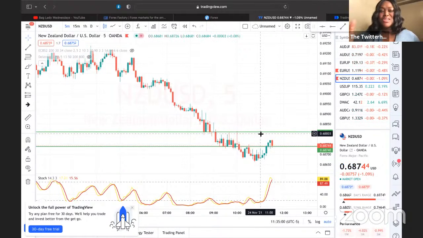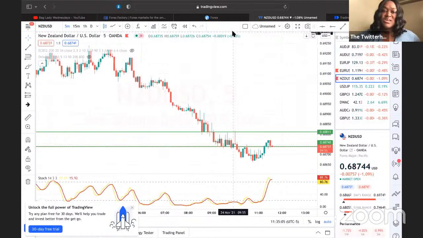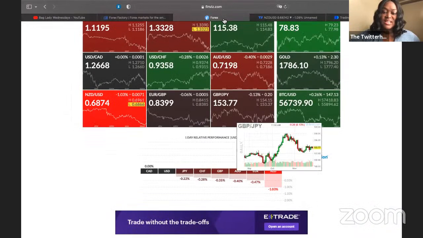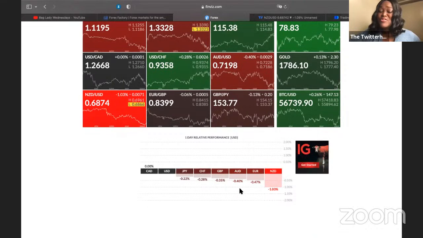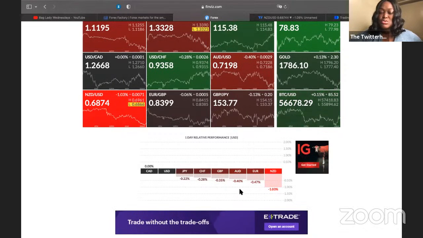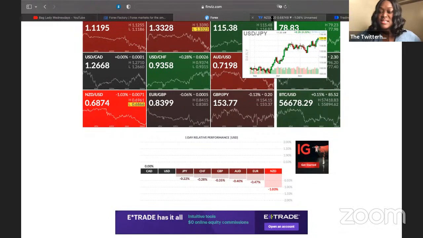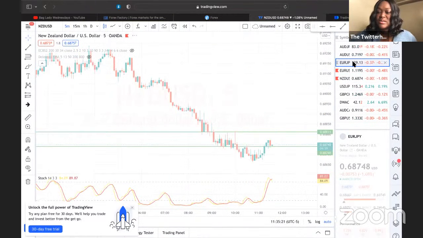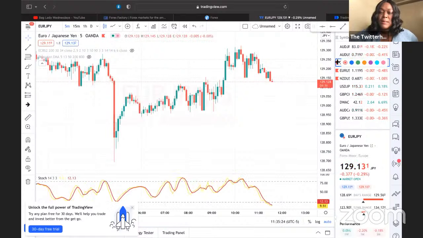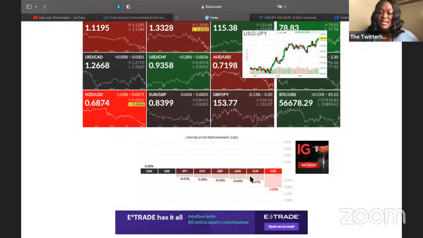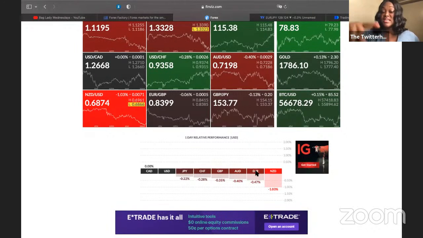But we see that the market really isn't moving, and the two pairs I'm analyzing have the US dollar in them. I really don't like to do other pairs, but let me take a look at Euro JPY. That doesn't have any US dollar in it. So Euro JPY: Euro, the first currency, is weaker than JPY, the second, because Euro is further to the right.